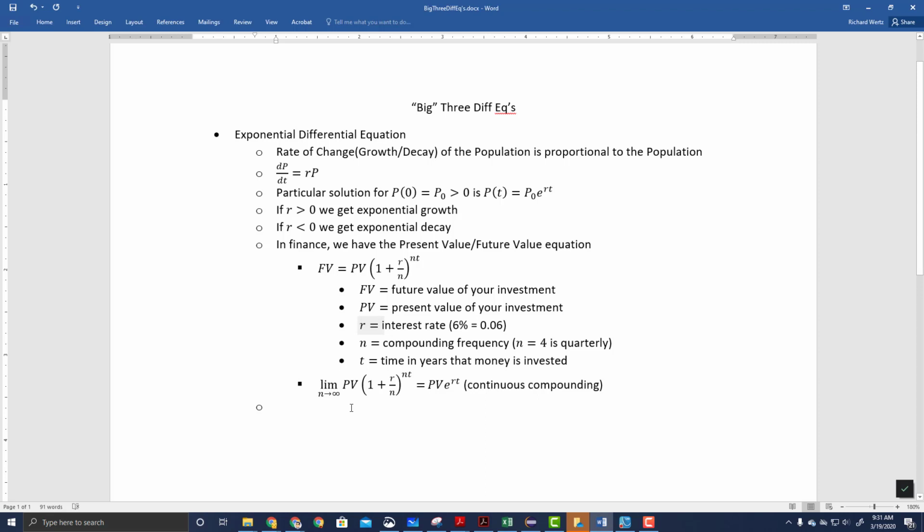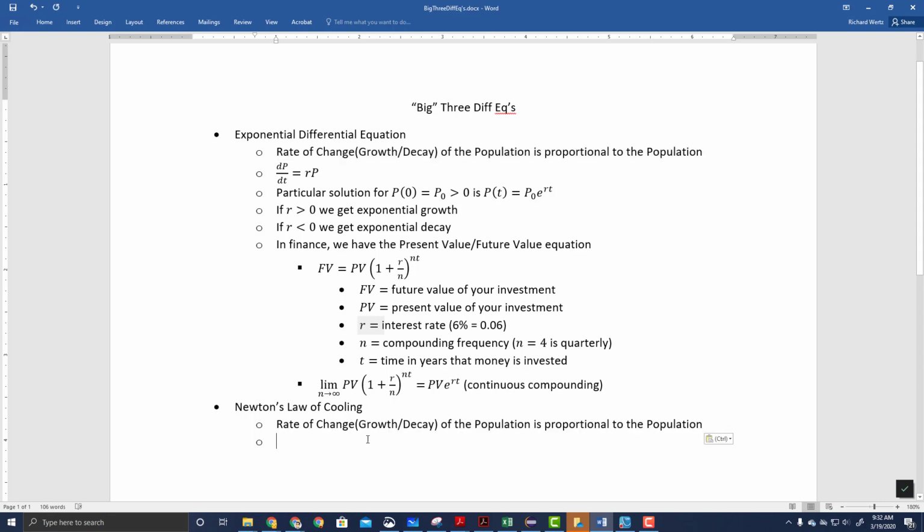Okay, the next equation we're going to work on is called Newton's law of cooling. The statement here is similar to exponential growth and decay, but it's a little bit different.